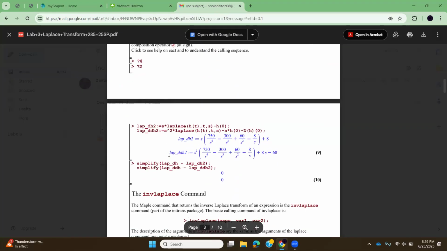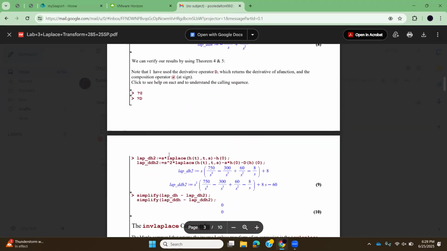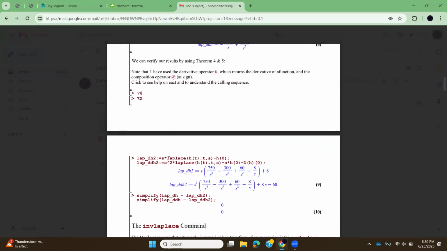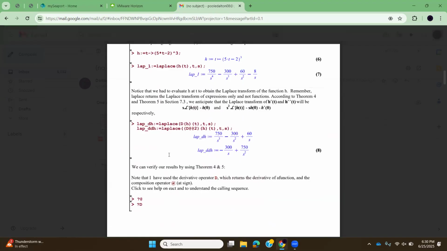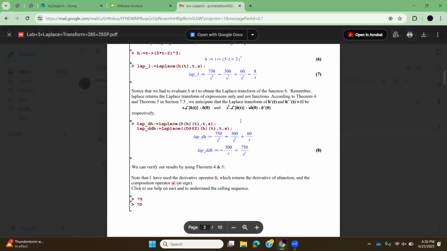So now we're doing a similar kind of thing. Oh, I see. So it looks like what this is doing is cutting terms.